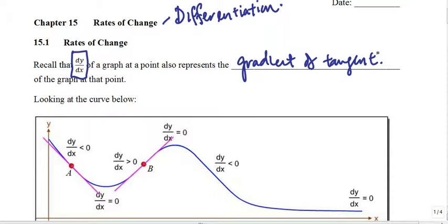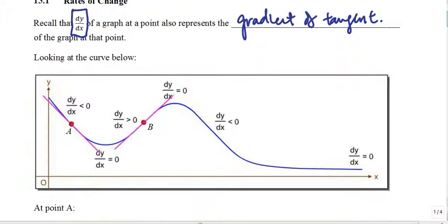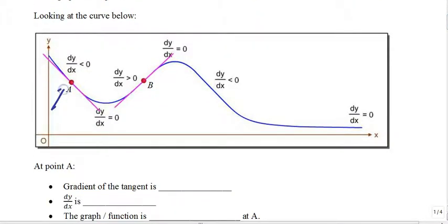Right, so for instance, if I look at the curve that's shown over here, at this point A here. Okay, if you look at the tangent is shown here. The gradient of the tangent is downward sloping, so we know that the gradient is therefore negative.